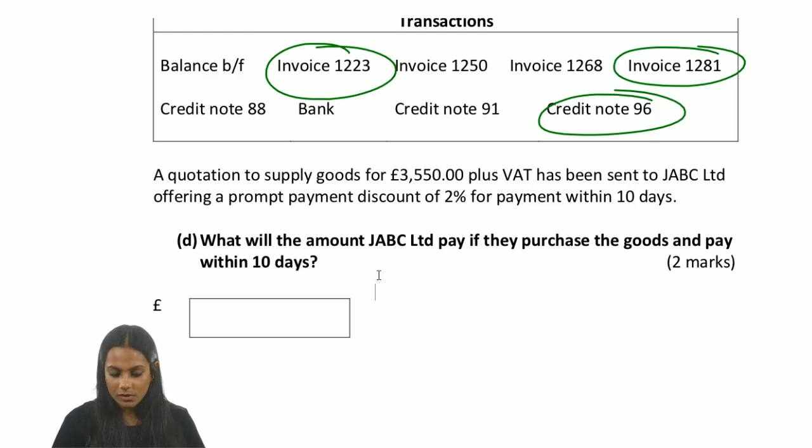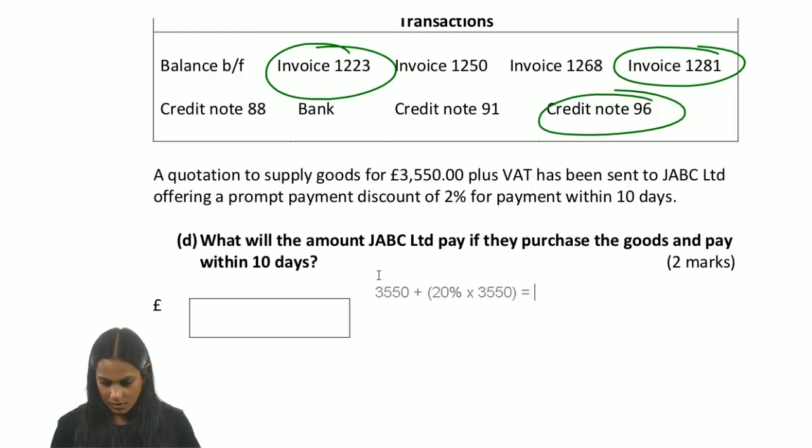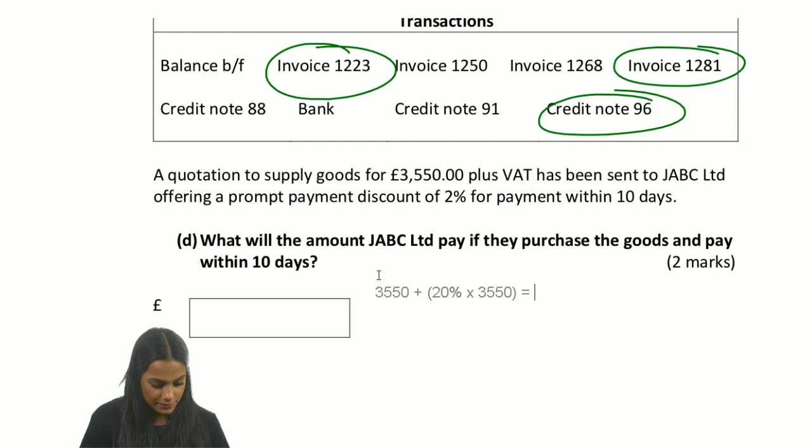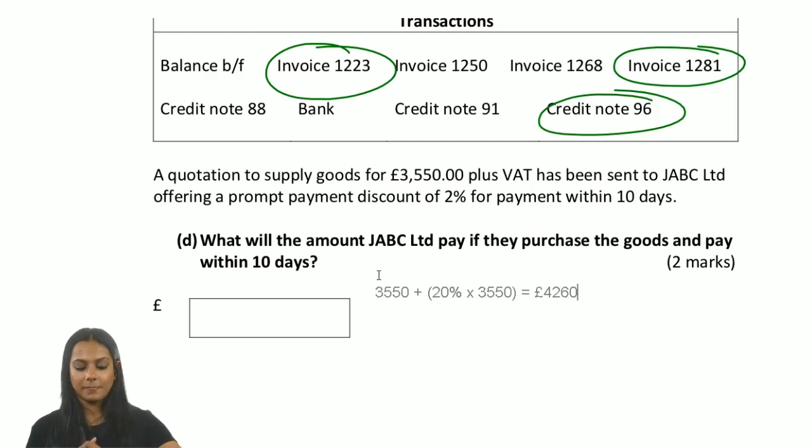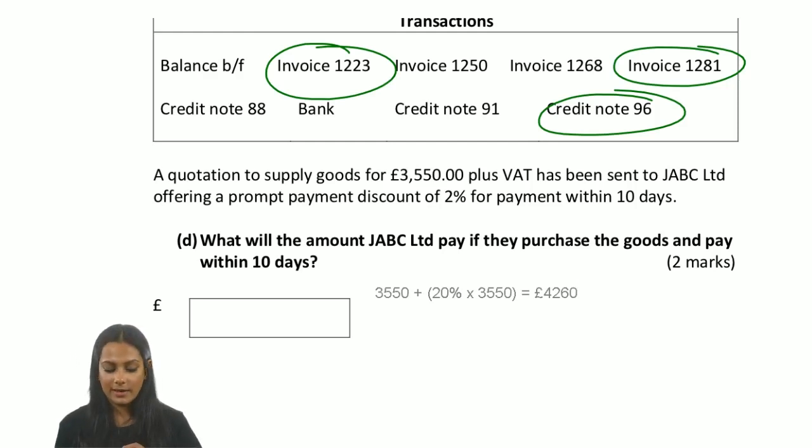So 3550, add 20% of this. That will give me 3550 times 20%. That will give me 4260. So that's the amount due, including VAT.